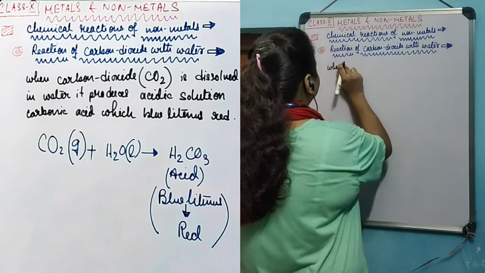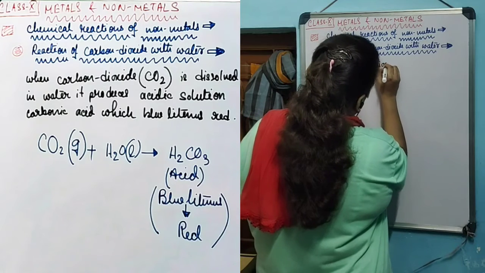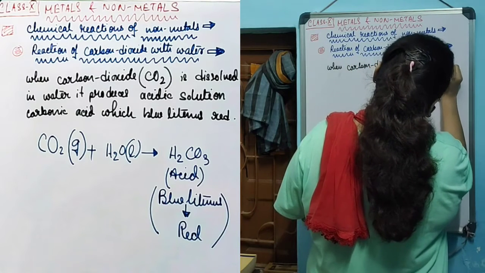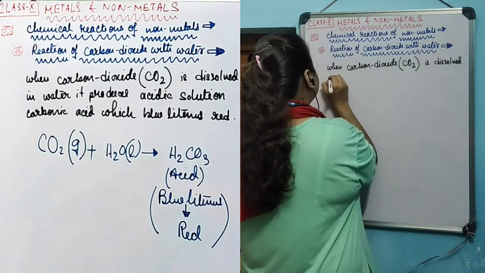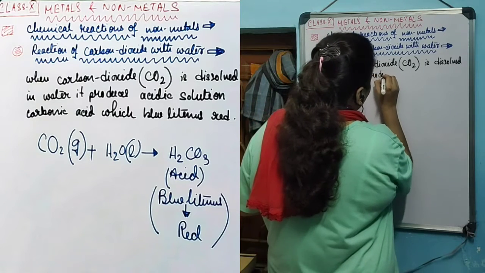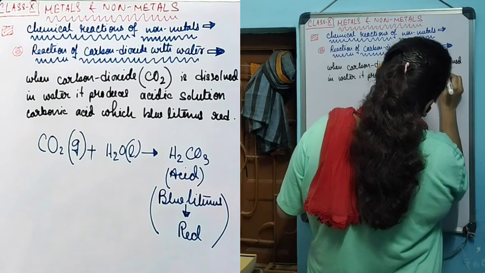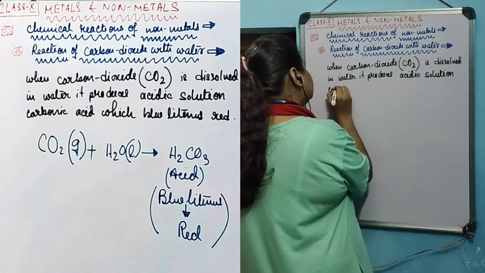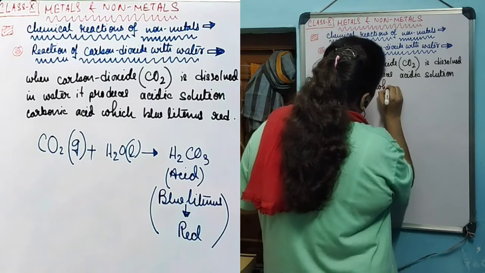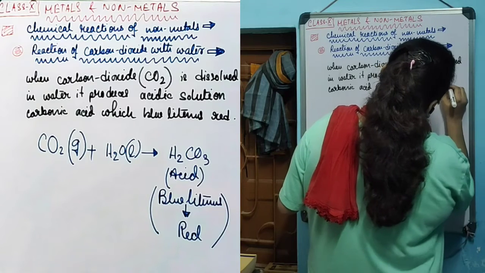When carbon dioxide, chemical formula CO2, is dissolved in water, it produces an acidic solution of carbonic acid, which turns blue litmus paper red.